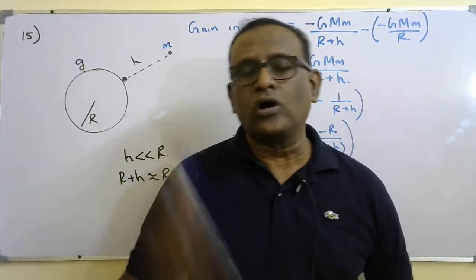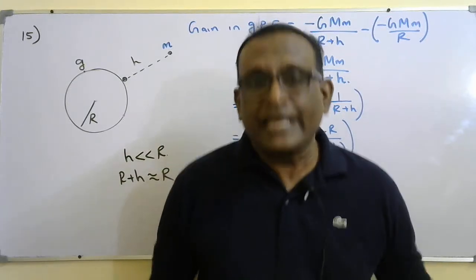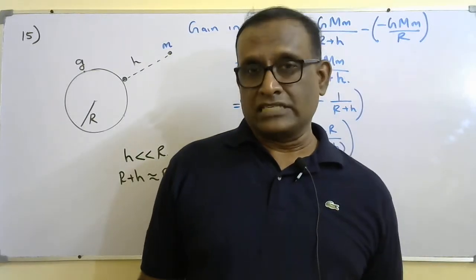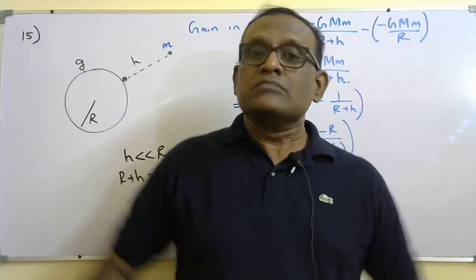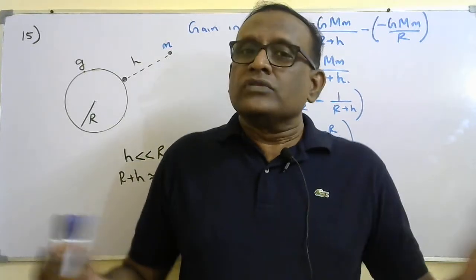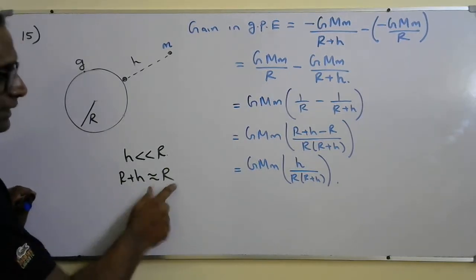So when you throw a ball, or even fire a bullet, even if it goes 5 or 10 kilometers above the surface of Earth, that is much smaller compared to 6,400 kilometers. So there we can assume R plus h is approximately equal to R.